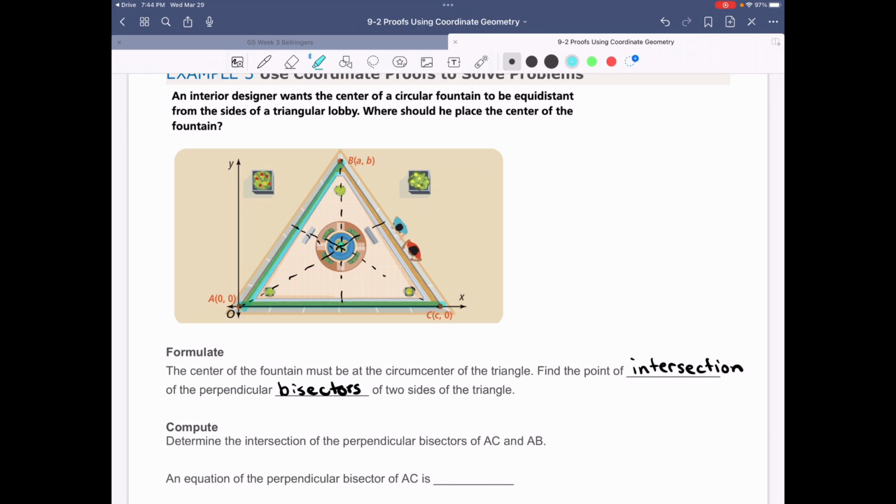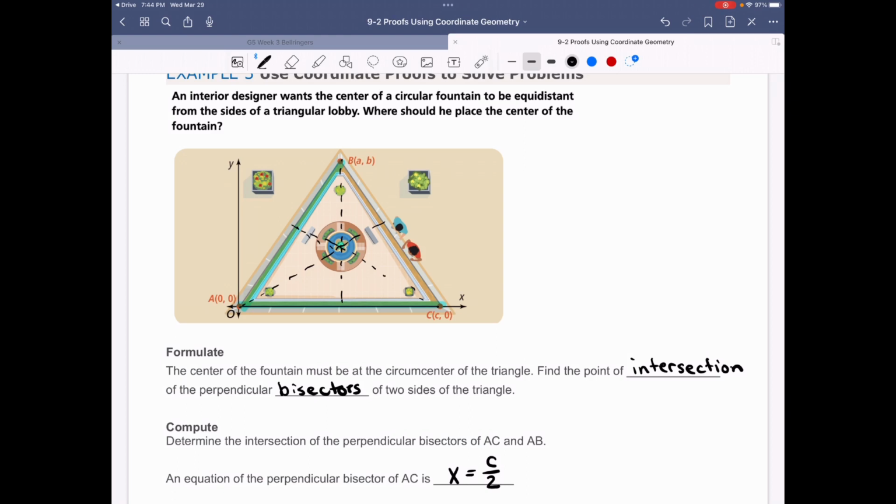An equation of the perpendicular bisector of AC is x equals c over 2. And the reason why that is true is because AC is just a flat line.